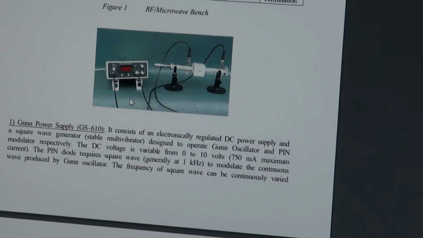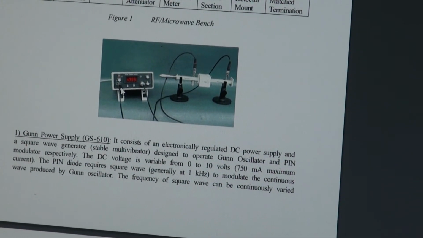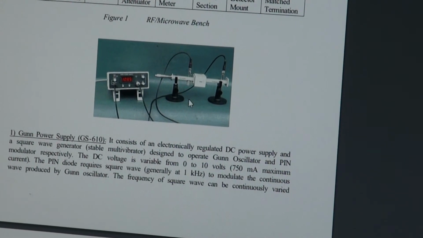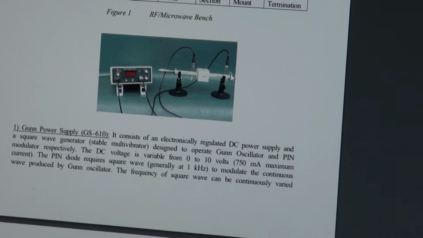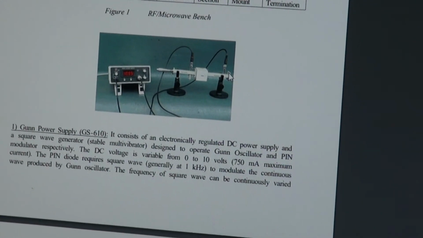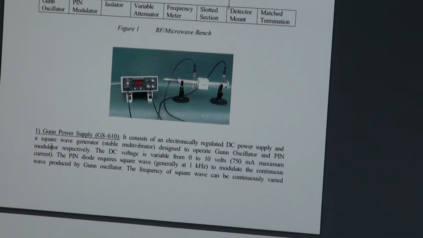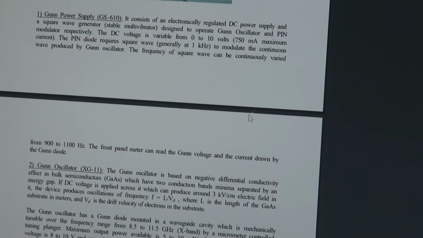First, three basic components are available. One is the gunn power supply, then the gunn oscillator, isolator, and this one is a PIN modulator. And the full description is available component-wise. First one is the gunn power supply, description of the gunn power supply.